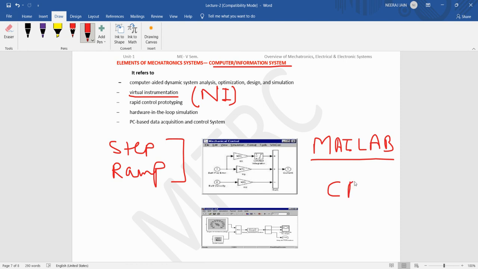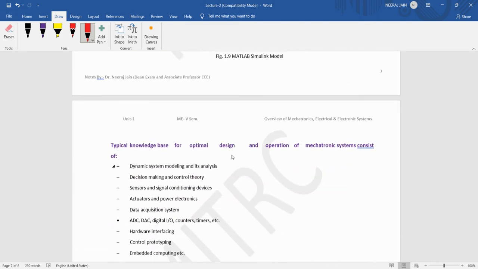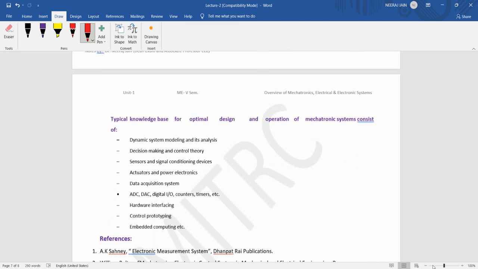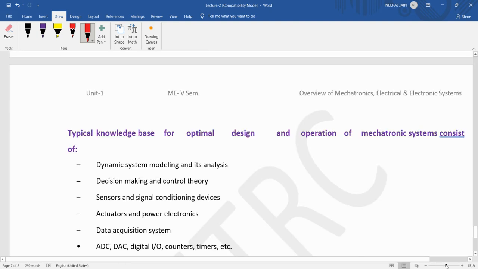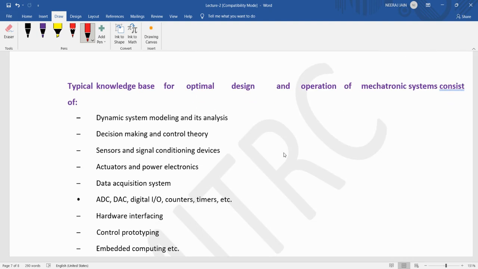They can be used virtually, like we can virtually use a CRO, function generator, and other instruments, and check different circuits with the help of it. So here we can see that in this manner several types of circuits are used in the mechatronic system.